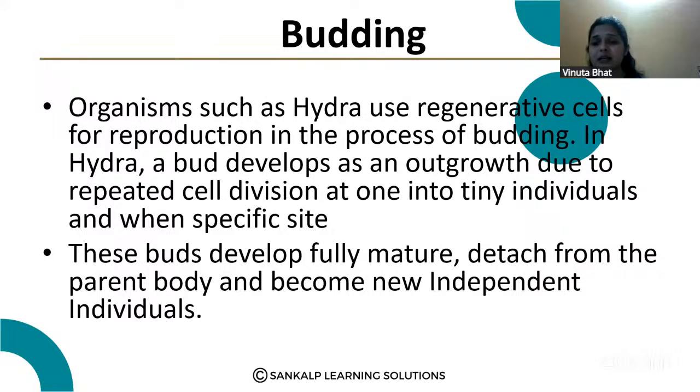When they fully mature, they detach from the parent body, then they become new independent individuals. So that is the budding type of reproduction. So you can explain any type. You can explain fragmentation, binary fission, vegetative reproduction, or spore formation. Any type of reproduction you can explain.